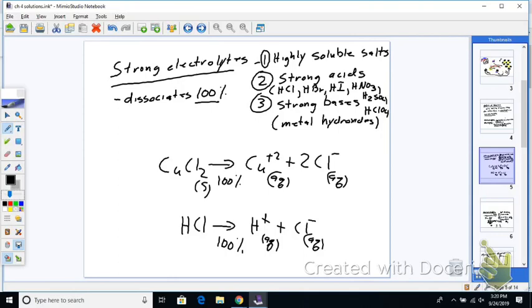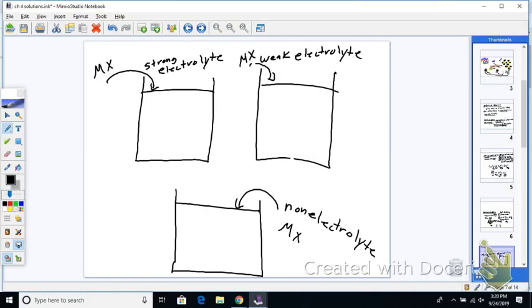So if I started out with 100 of this, then at the end I'd have 0 of this and 100 of each one of these, because it breaks apart 100%. And that's what conducts the electricity. You guys do not have to take notes on this, but I always like giving them a visual. So we put the MX in there.